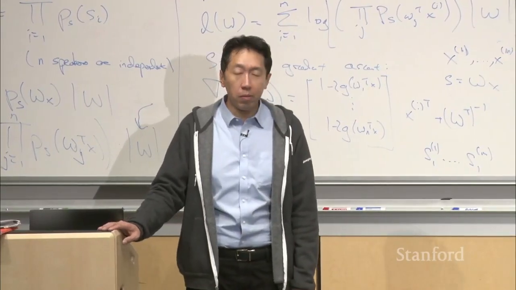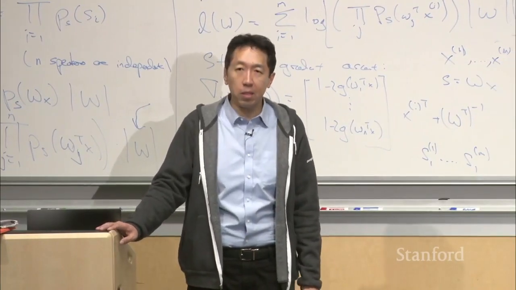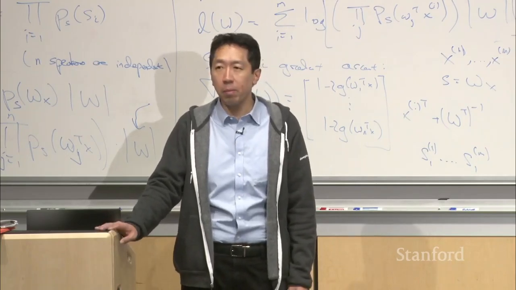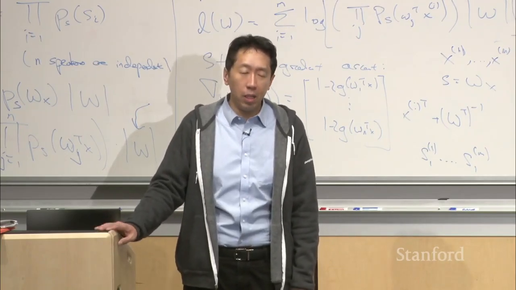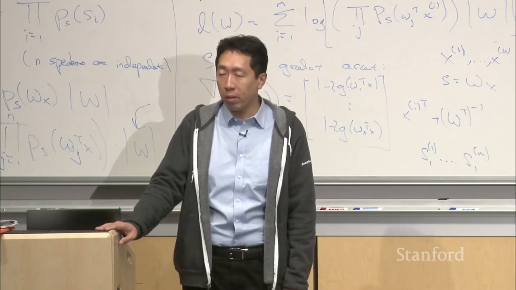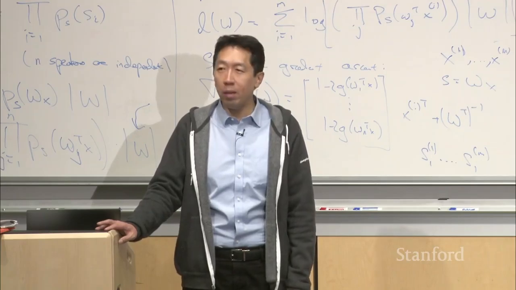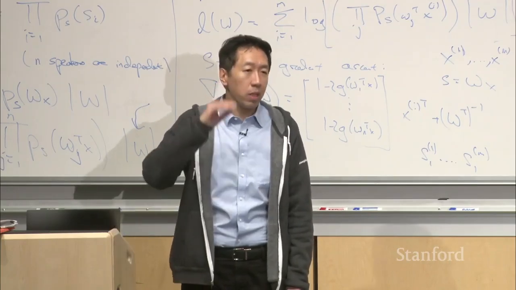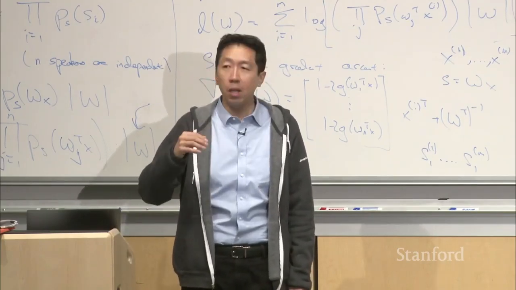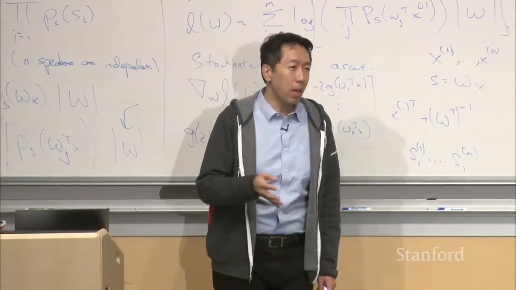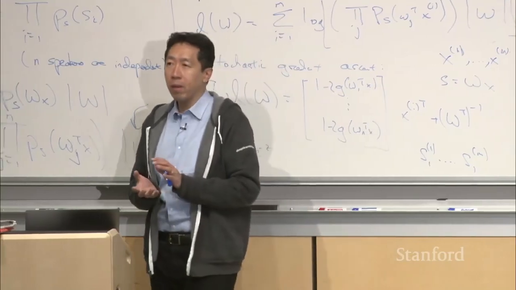If the number of microphones is smaller than the number of speakers, then that's still very much a cutting-edge research problem. So for example, if you have 2 speakers and 1 microphone, it turns out that if you have 1 male and 1 female speaker, so one relatively high pitch and one much lower pitch, then there are sometimes algorithms that can separate out 2 voices with 1 microphone.